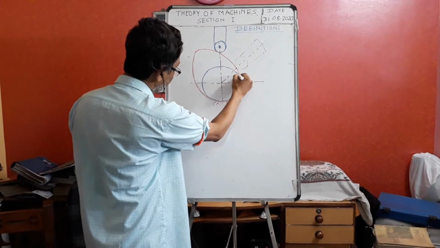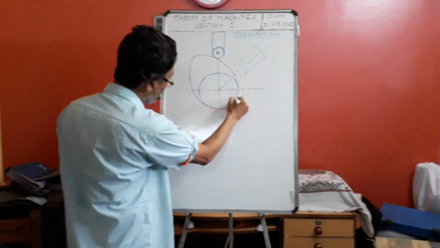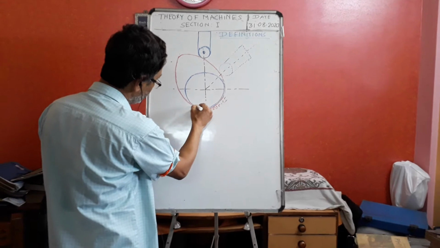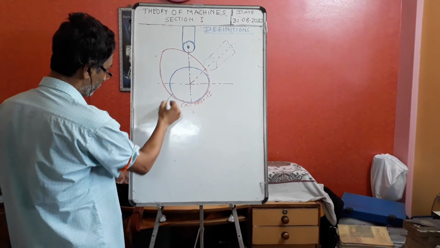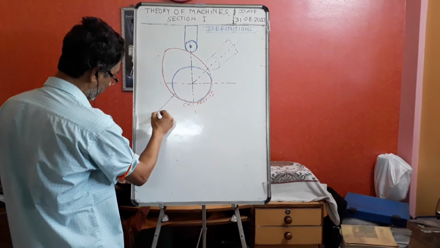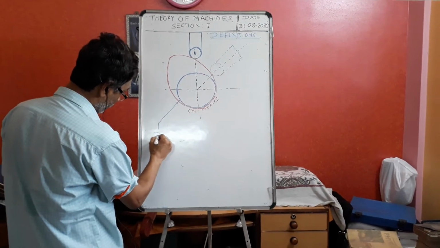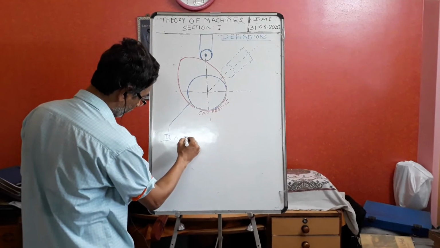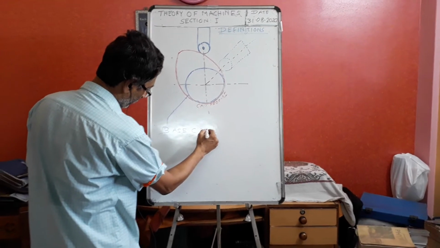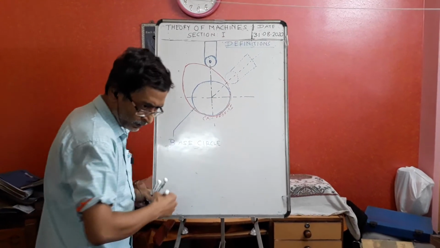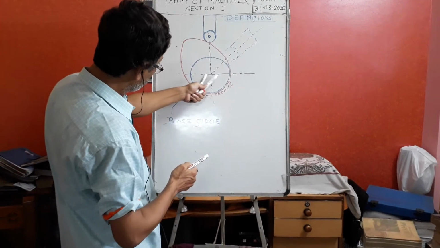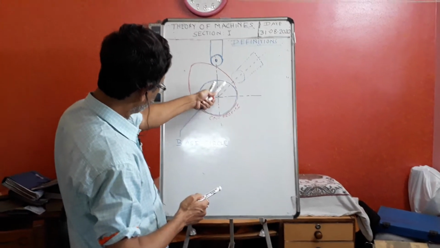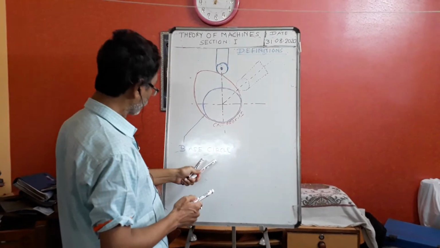The smallest circle which is tangent to the cam profile is called the base circle. So you get it? What is the base circle? With the center and the smallest radius, if I draw a circle, that is called the base circle.